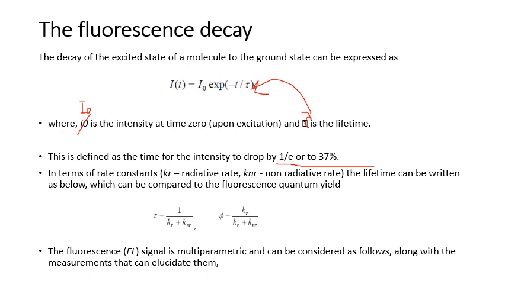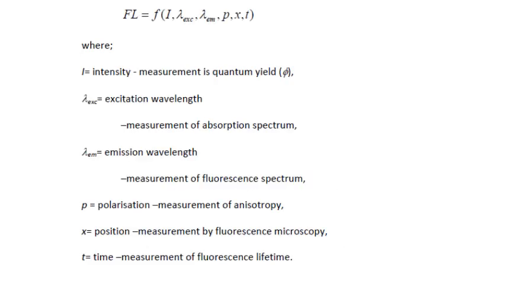The fluorescence signal is multi-parametric as we discussed earlier, and can be considered as follows. Since it is multi-parametric, suppose it's a function of many things.